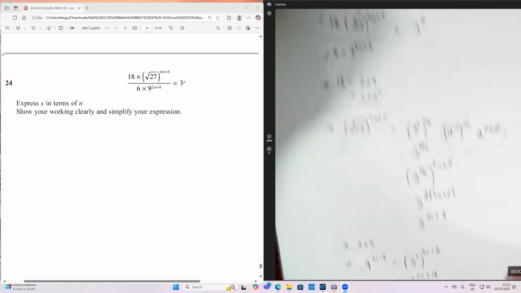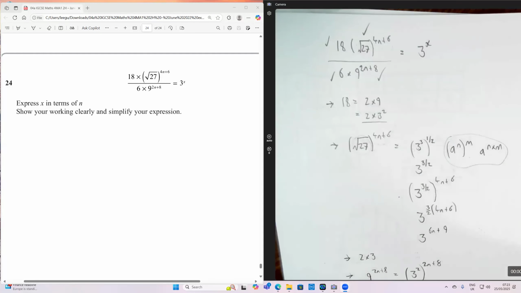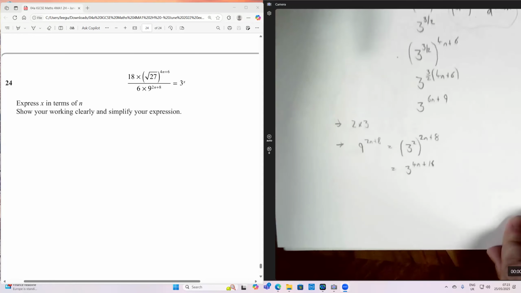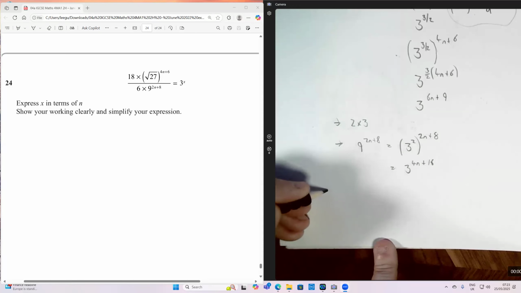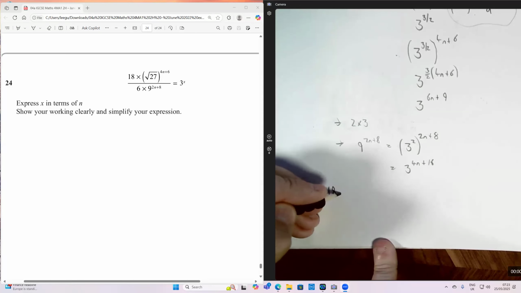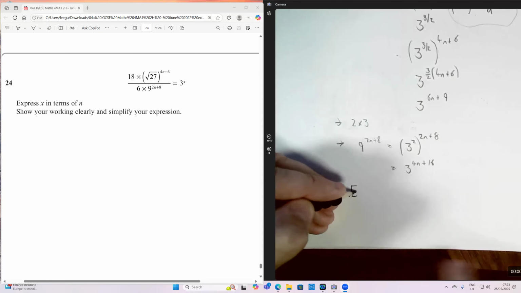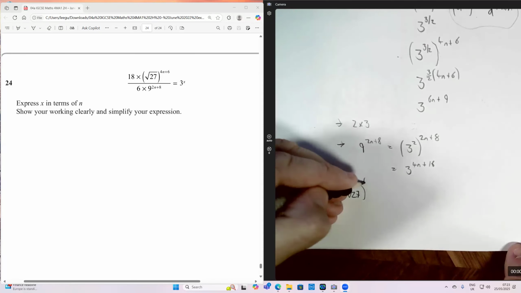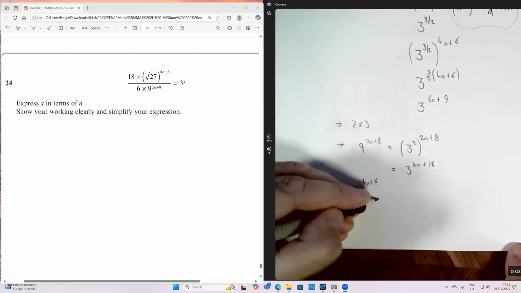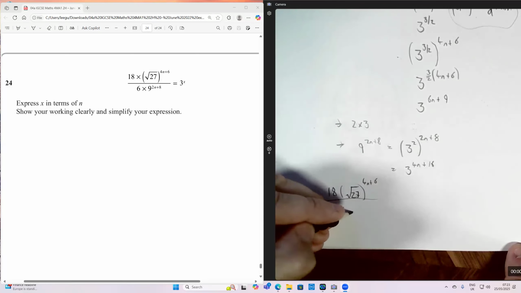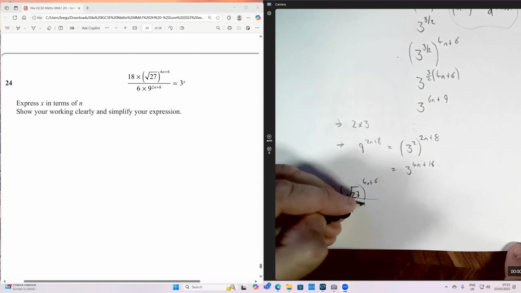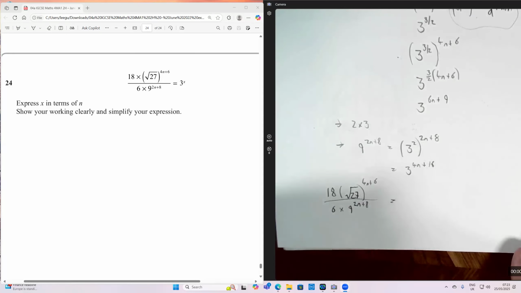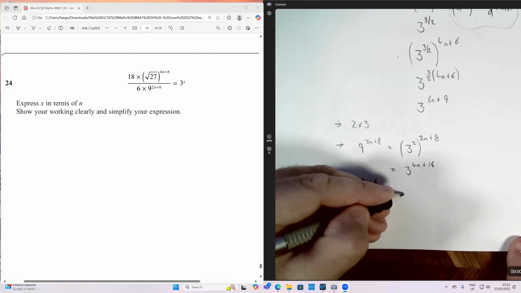Okay, so we've now broken down all of our various elements and expressed them as powers of 3. So let me just rewrite our expression. In the interest of clarity, let me write down what we originally had: 18 times the square root of 27 to the 4n add 6, all over 6 times 9 to the 2n add 8. And now we've said that the 18 can be written as 2 times 3 squared.